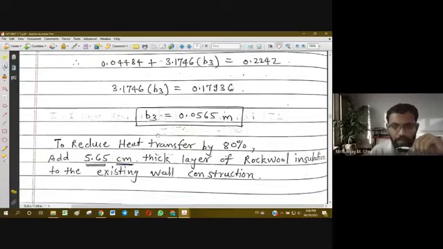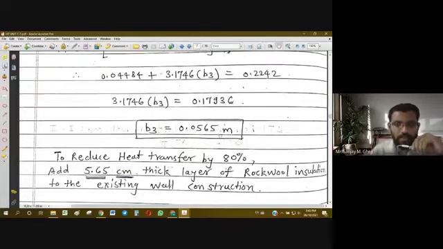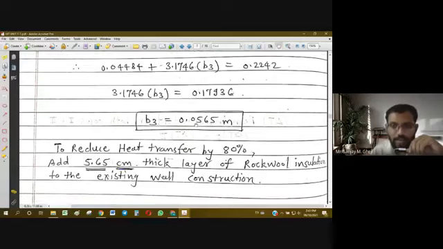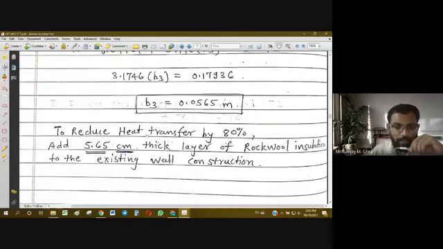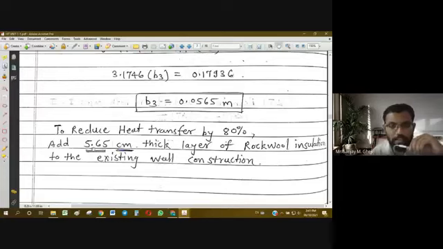Because thicknesses are so small, it is not easy to express them in meters. For small thicknesses, 5 centimeter we can easily realize, but we cannot realize it in meters. So generally small thicknesses are mentioned in centimeters, so that gives us some judgment.